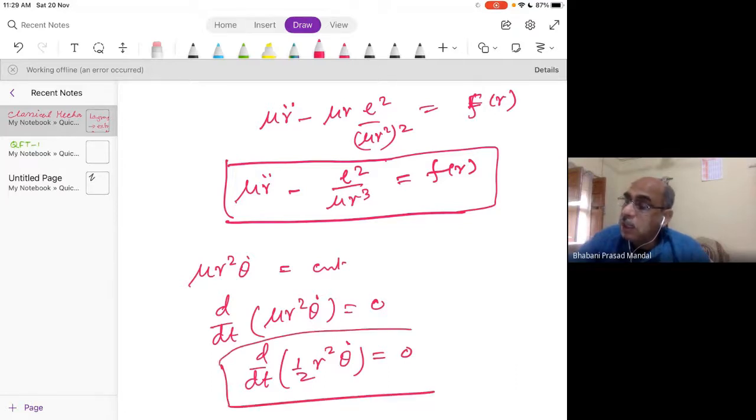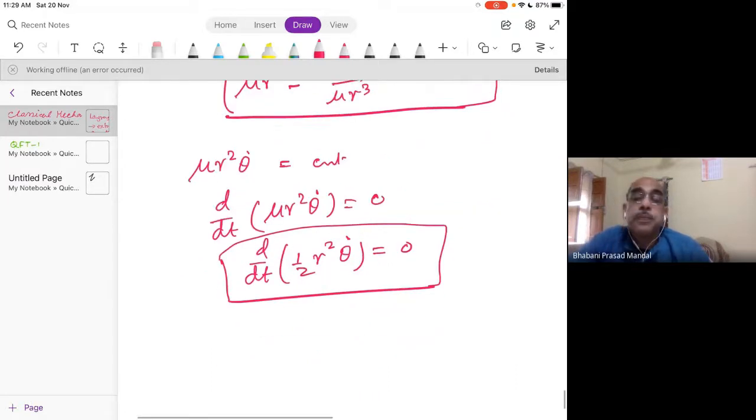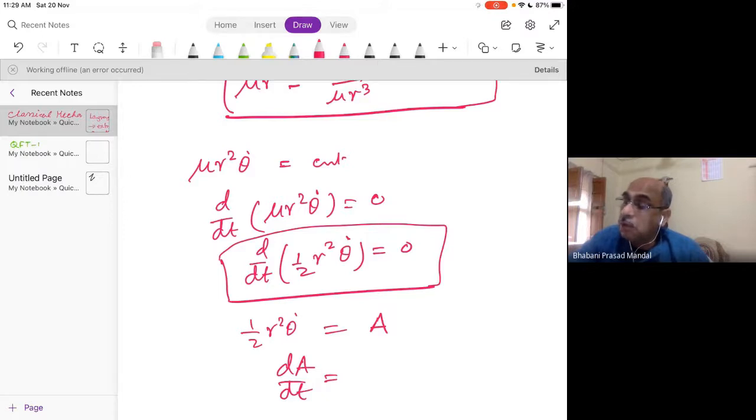So what is this result that I am going to tell you? This half r square theta dot is nothing but the areal velocity, the rate of change of area, dA dt.